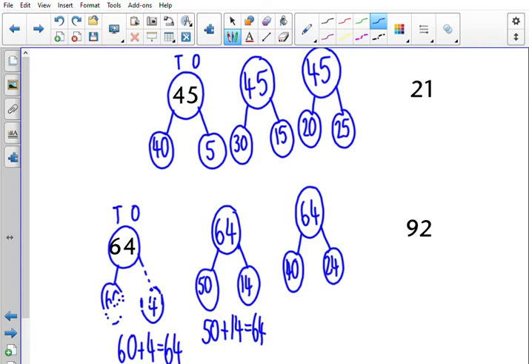Because at the end of the day, what we want you to know is how to partition numbers in different ways. And knowing that numbers are more than just made up of tens and ones, in that we have 4 tens, which is 40, and 5 ones, which is 5, which makes 45. There are other ways of doing it as well. Okay? And of course, my number sentence for this one would be 40 plus 24 is 64.